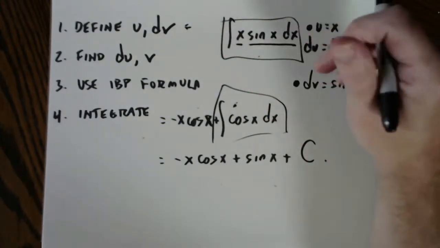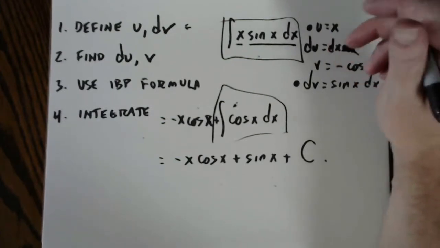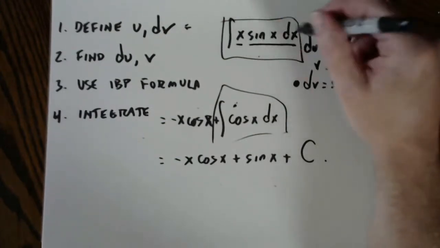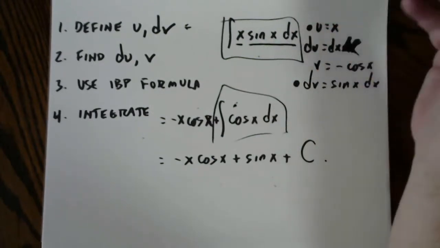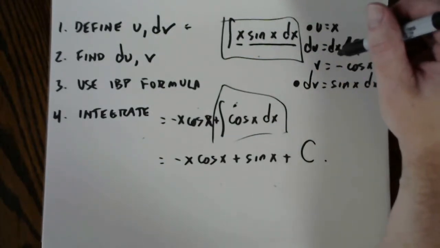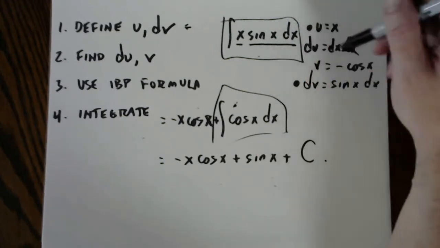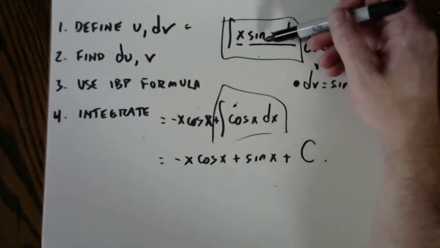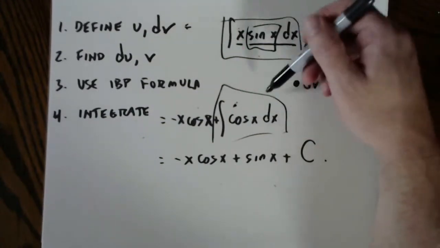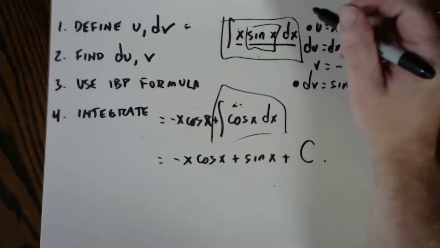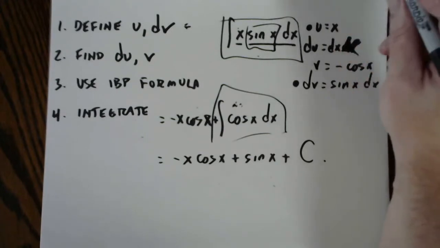There's a similarity with U substitution: you have to make this decision. What are you going to define as U and dV? Because if I had switched these, say I had made U as sine and then dV is the rest, this would have crashed. This would have been a worse resulting integral.